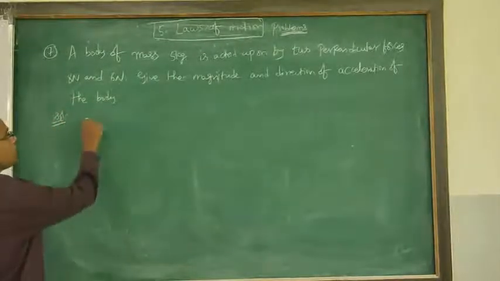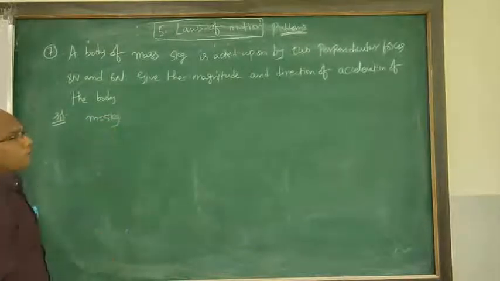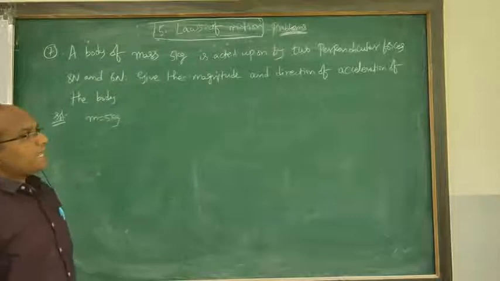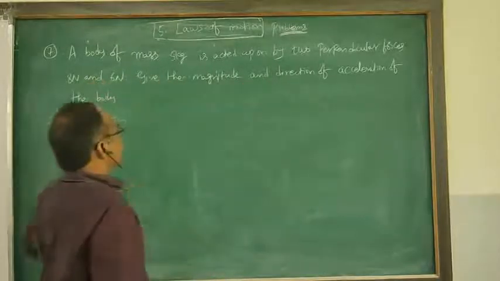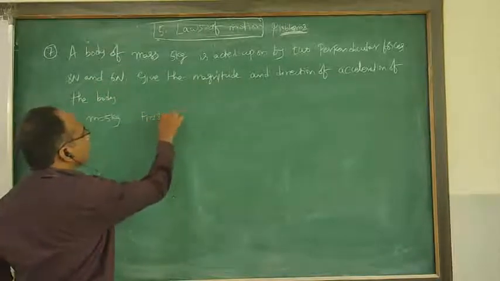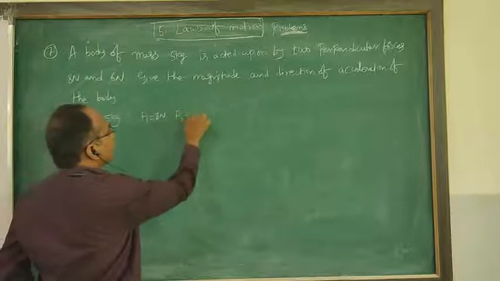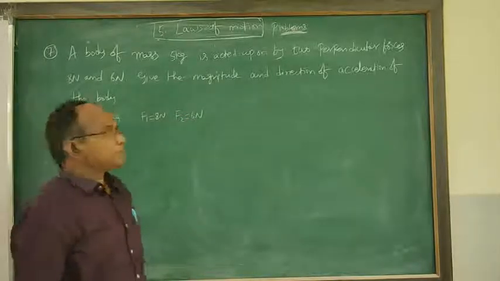A body of mass 5 kilogram is acted upon by two perpendicular forces. F1 is 8 Newton, F2 is 6 Newton. There are two perpendicular forces.